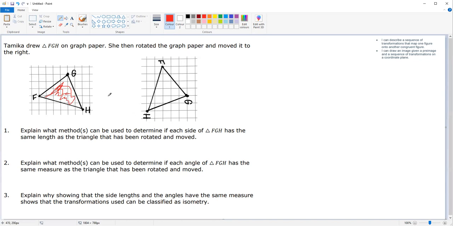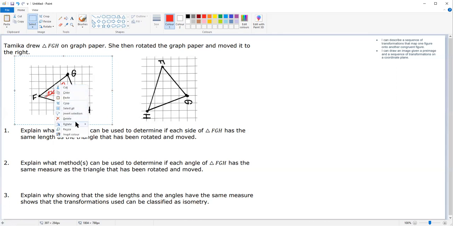Well, of course it's going to have corresponding lengths, because she didn't actually change the triangle on the paper. She literally just rotated this piece of paper. Let me select it bigger. This is the piece of paper.